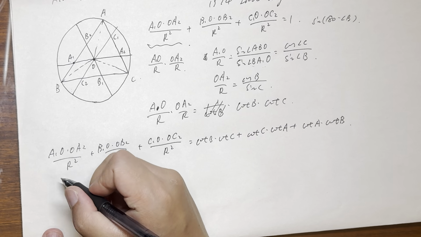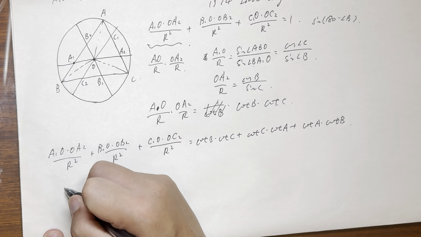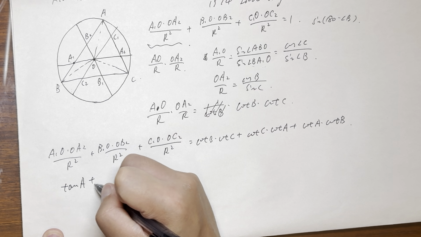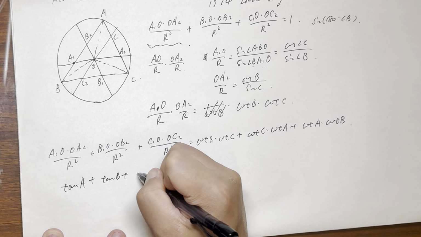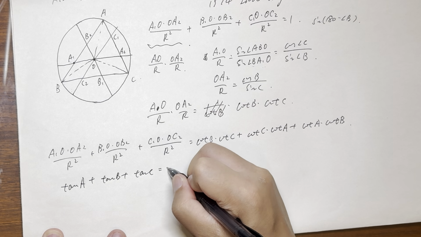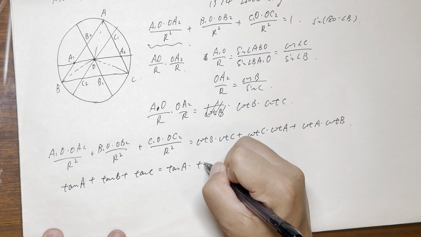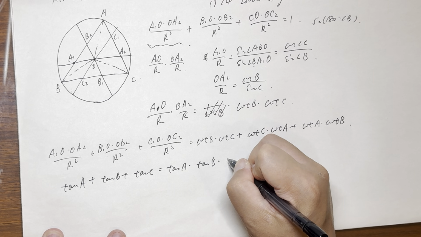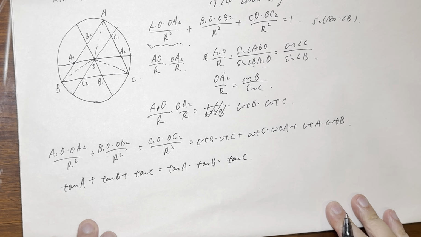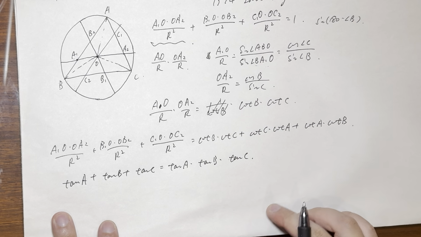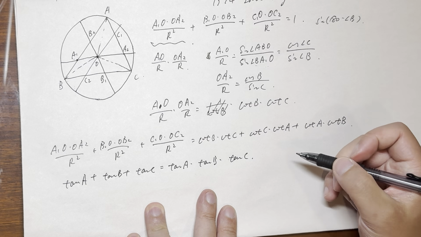And we already know that in any triangle, tangent A plus tangent B plus tangent C equals tangent A times tangent B times tangent C. I proved this before, right? So I'll just use this here.